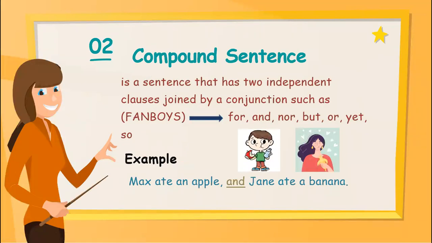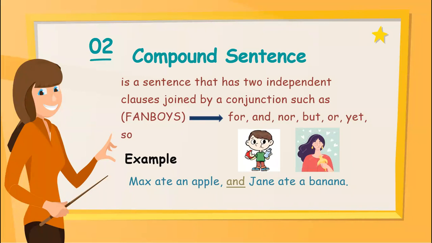Now, let's go to the compound sentence. Qusay, can you read, please? Yes, a compound sentence is a sentence that has two independent clauses joined by a conjunction such as for, and, nor, but, or, yet.